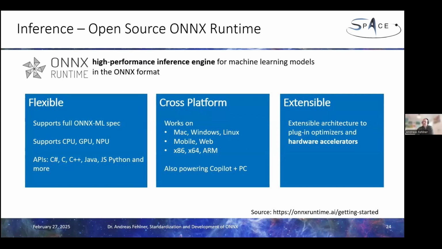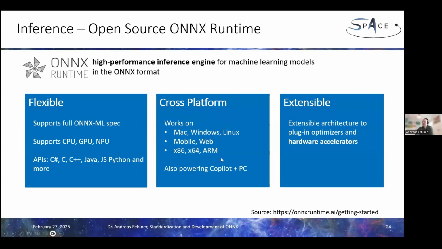So what is so interesting, just to summarize, ONNXRuntime supports a full ONNX machine learning stack. It supports CPU, GPU, NPUs, and the API is quite similar. So you can use now OpenVINO, Intel CPUs or NVIDIA GPUs without learning a new API because it's covered by the ONNXRuntime syntax.